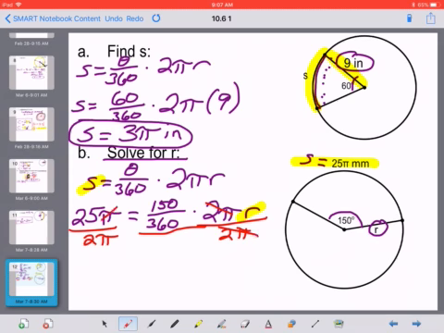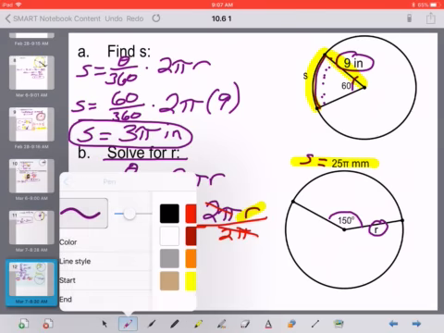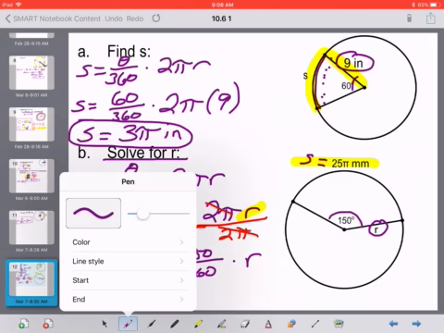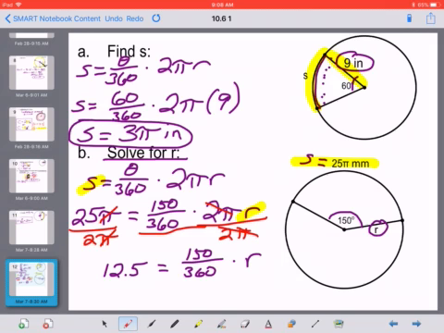On the left-hand side, the pi and pi cancel out, and 25 divided by 2 gets us 12.5, and that equals 150 over 360, multiplied by r. There are lots of different ways you could do this problem and lots of different orders, but we'll all get to the same spot eventually.